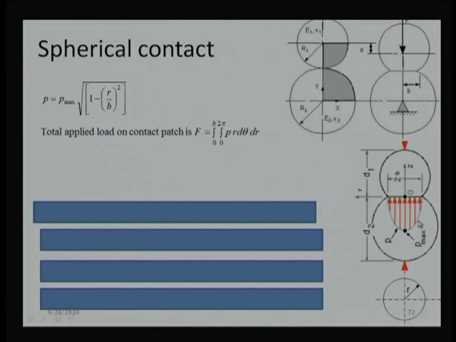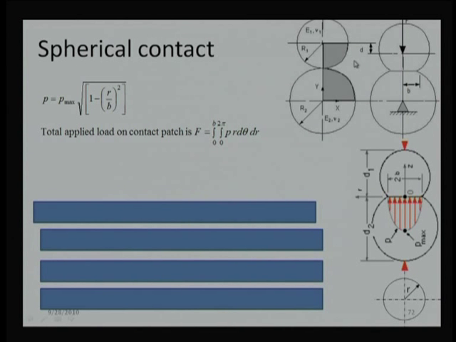Experimental reports indicate that pressure will be parabolic. The maximum value will be at the center, where the load is coming, and it will decrease parabolically to the 0 value at the extreme boundary B, or when R is equal to B, the pressure will be 0.